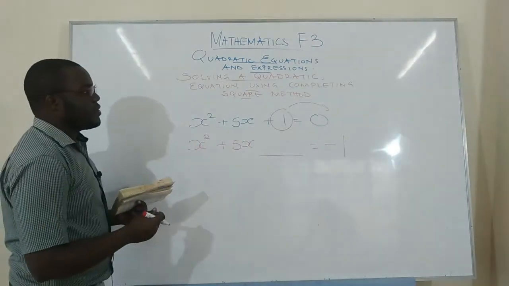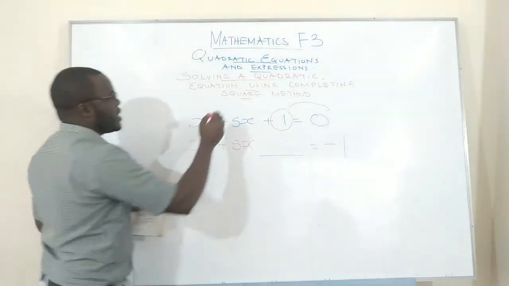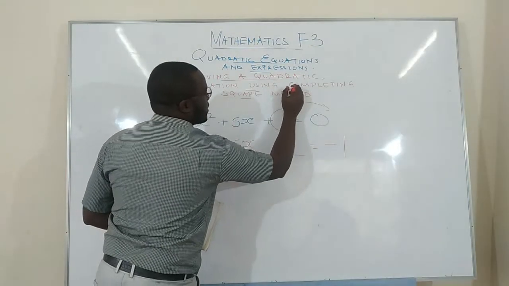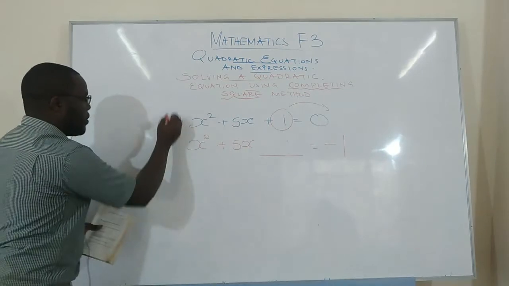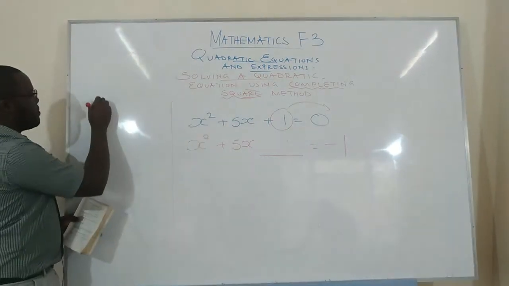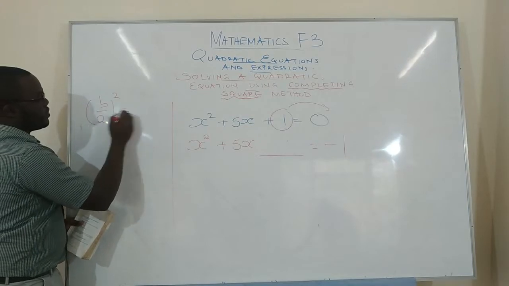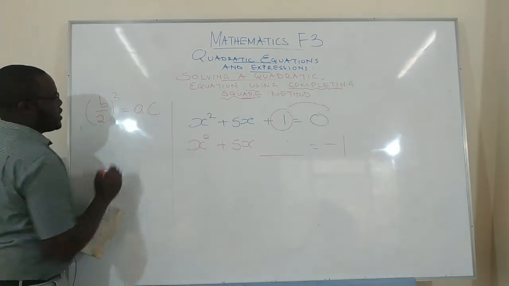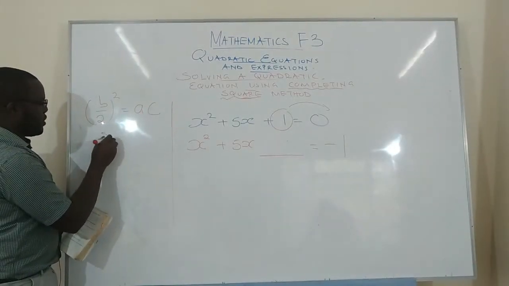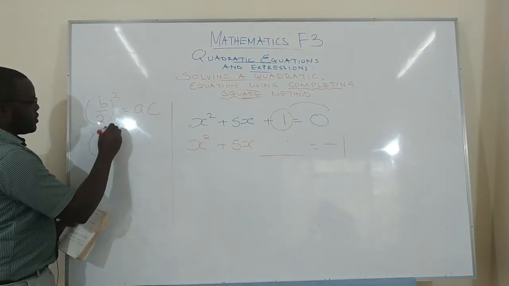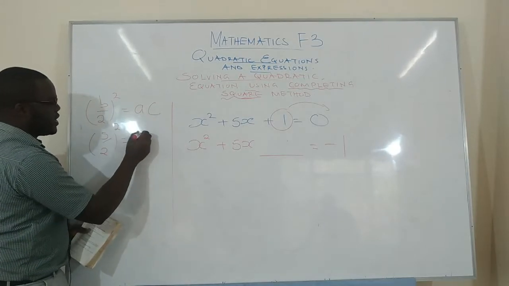Therefore, using the knowledge that we were learning the other time, I can create my own c, a process known as completing the square. And we had said we complete the square by saying b over 2 squared is equal to ac. Therefore, I have b, which is 5, over 2 squared is equal to a, which is 1, times c, so just c.